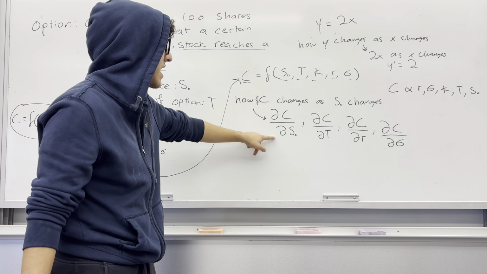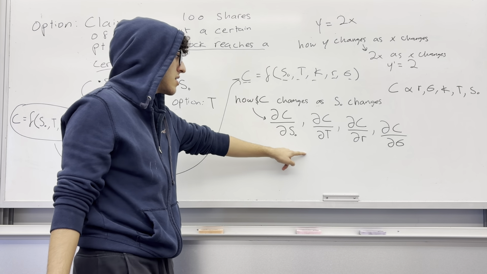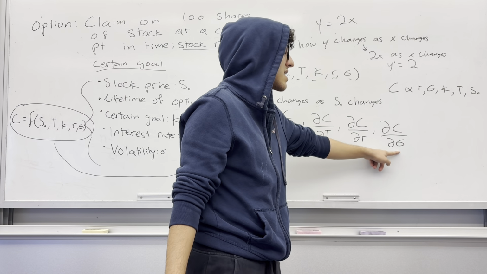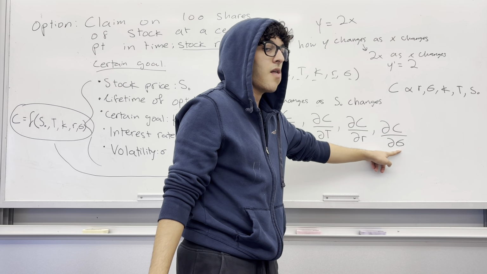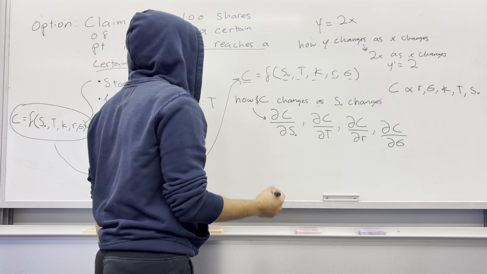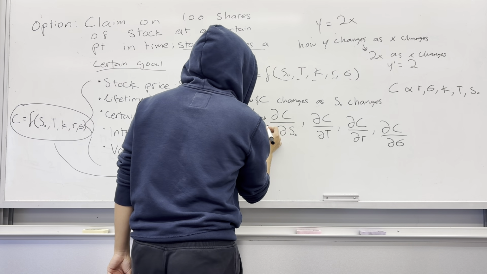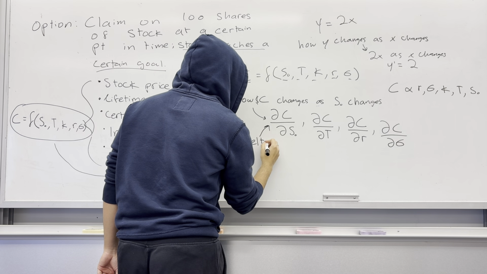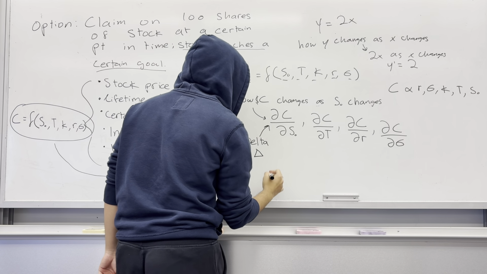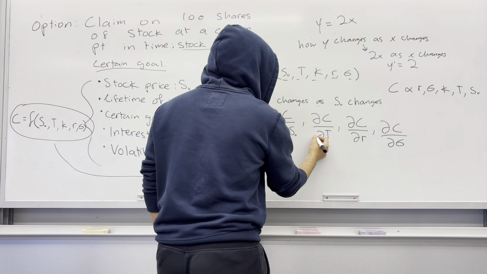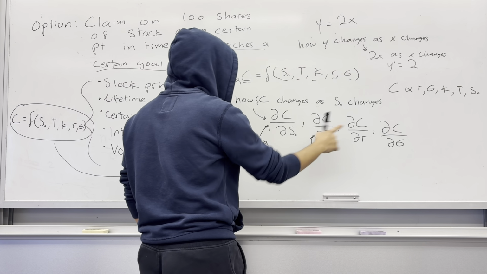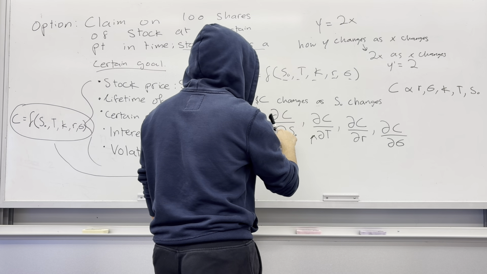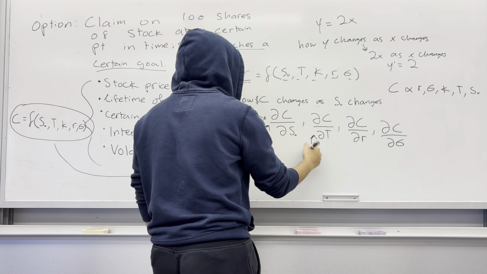change in the price as the stock price changes, as the time changes, as the interest rate changes, and as the volatility changes. We have names for all of these. This we call delta. And gamma. I'm going to add gamma in here in a second because it's actually the partial derivative of this.